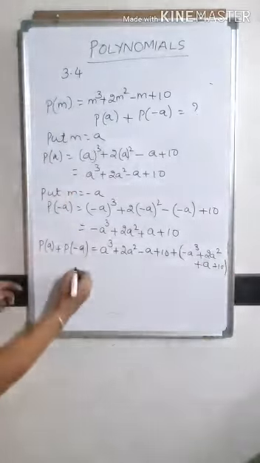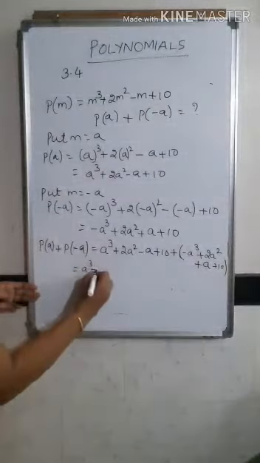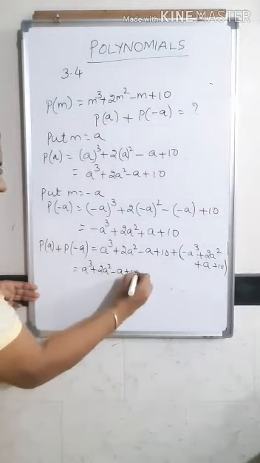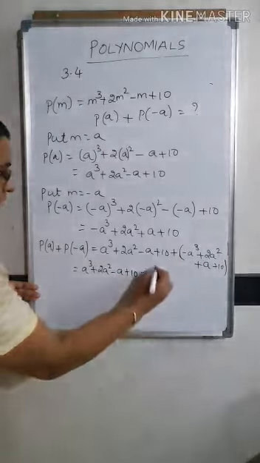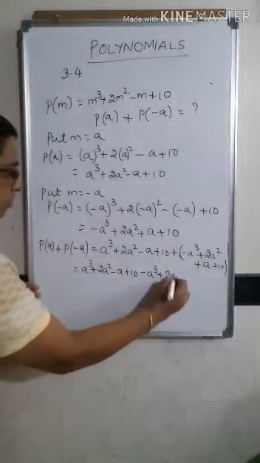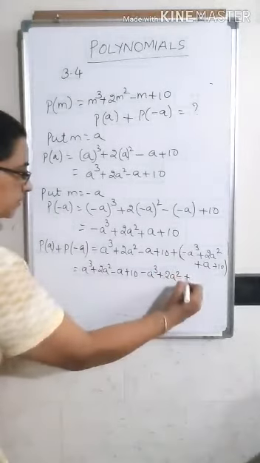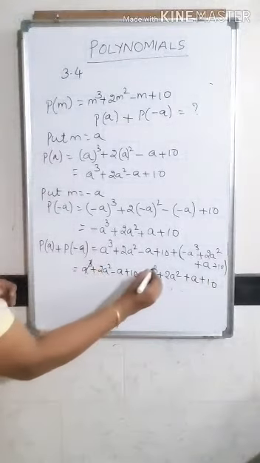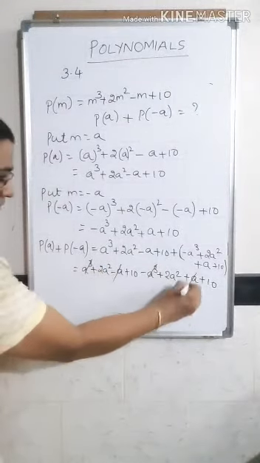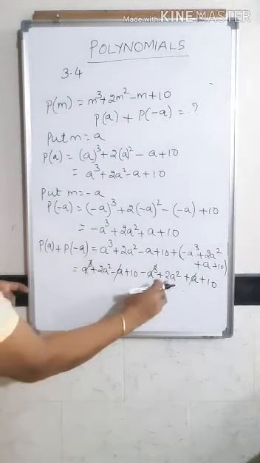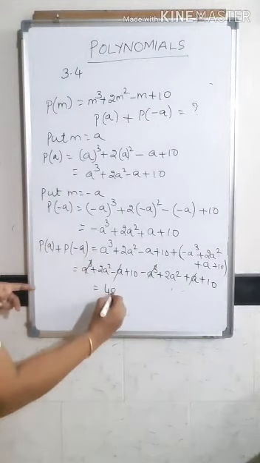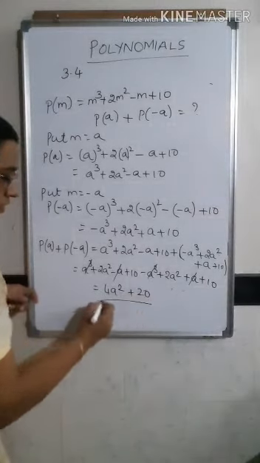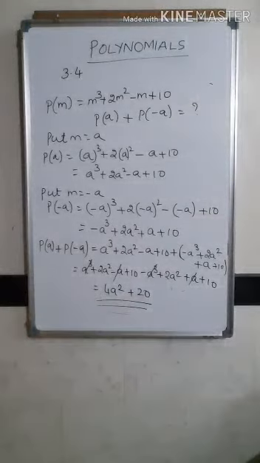Now you open the bracket and simplify. You get a cube plus 2a square minus a plus 10, and minus a cube plus 2a square plus a plus 10. The a cube and minus a cube get cancelled, minus a and plus a get cancelled. 2a square plus 2a square is equal to 4a square, and 10 plus 10 is 20. So this is how you find the value of the polynomial.